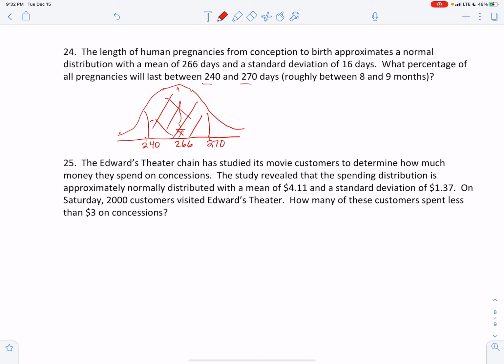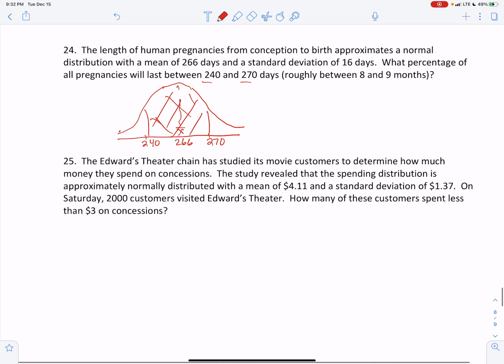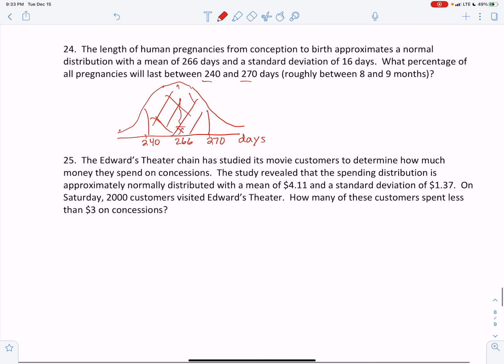So I'm looking for the area between those. So these numbers represent days. Our next step is to convert these days to z-scores. Using the formula, the value minus the mean over the standard deviation.